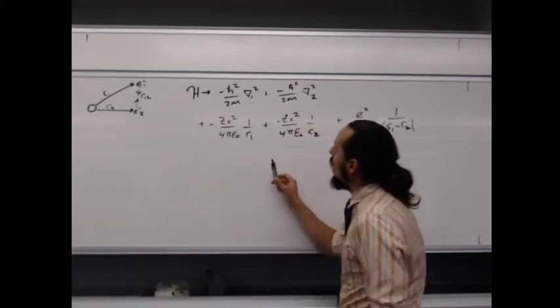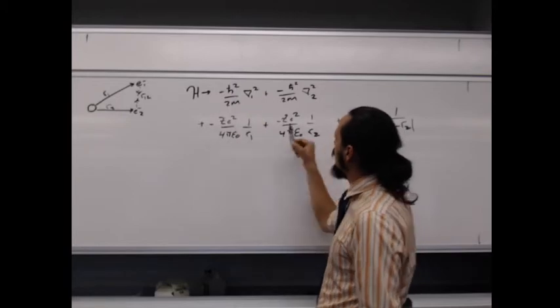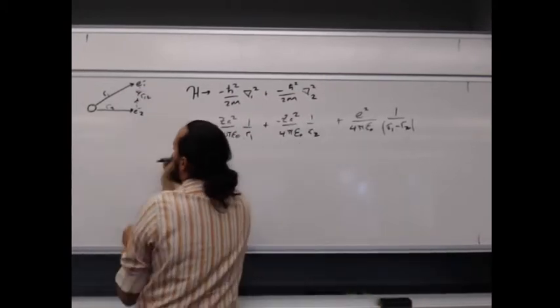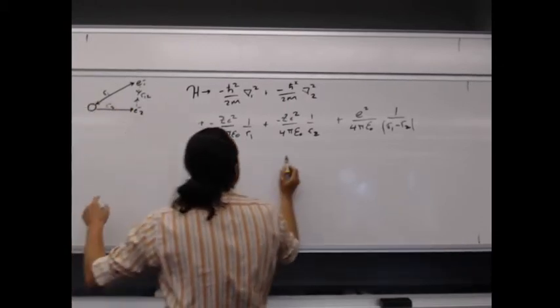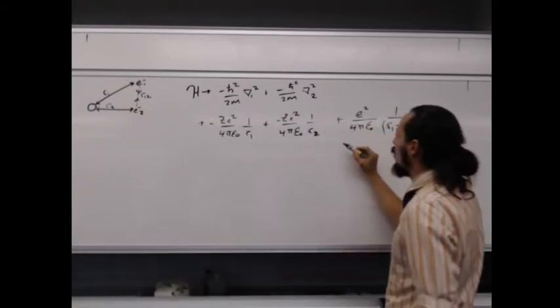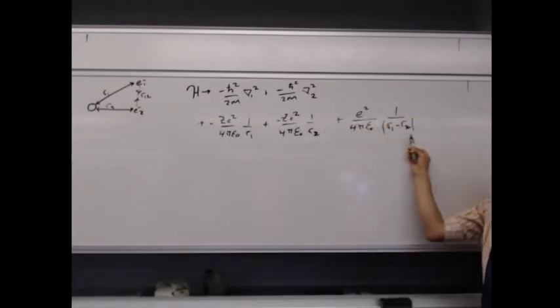So we've got our motion of the first electron, motion of the second electron, attraction of the first electron to the nucleus, attraction of the second electron to the nucleus, and then the repulsion of the two electrons, which is going to depend on this distance between the two electrons.